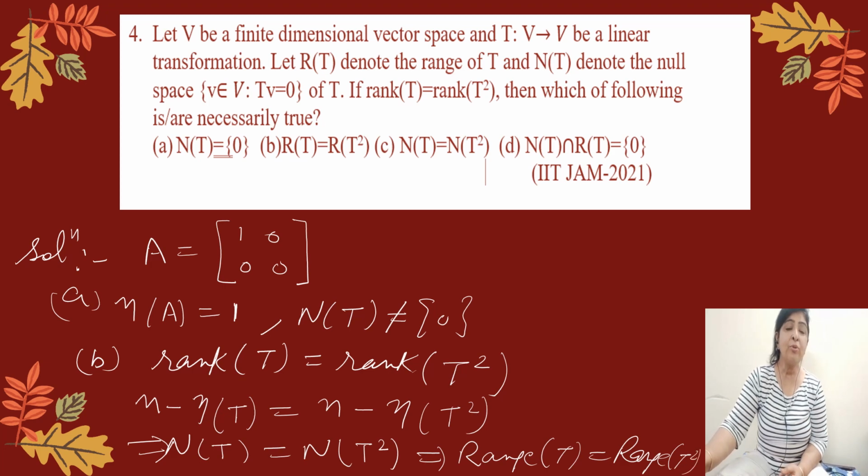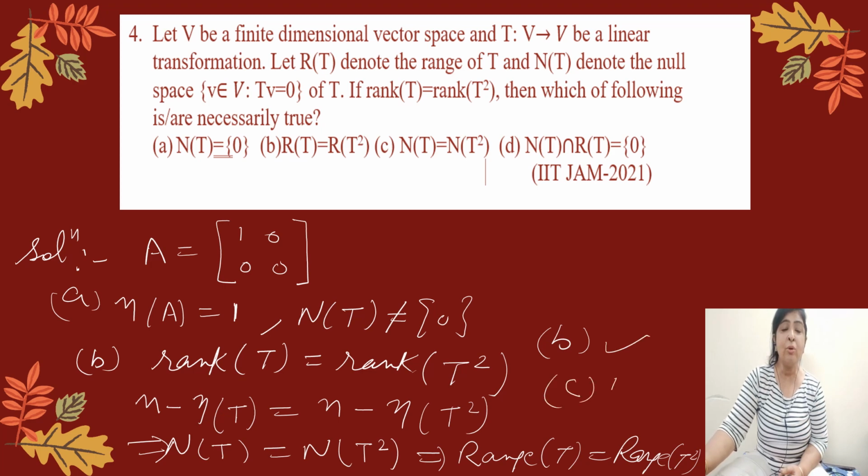So option B is correct, which says range of T is equal to range of T square, then nullity of T and nullity of T square are equal. So these two are correct.